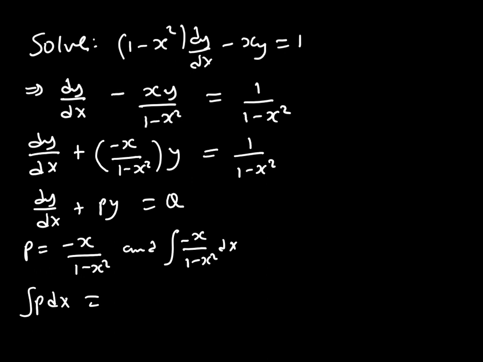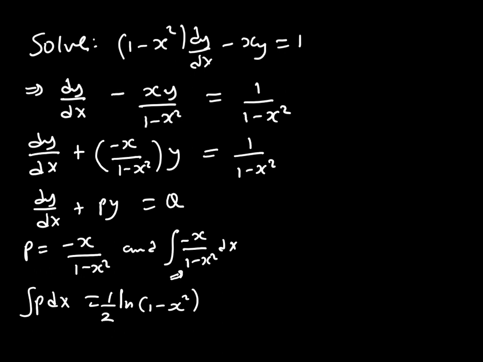When you look at this integral, differentiating the denominator produces the numerator. And here, this is going to be natural logarithm of 1 minus x squared. But remember, there is this half.